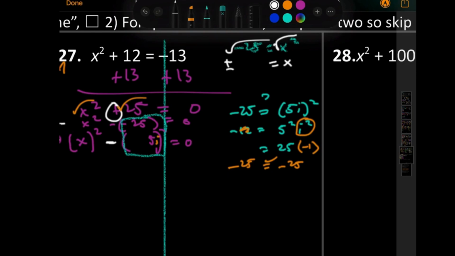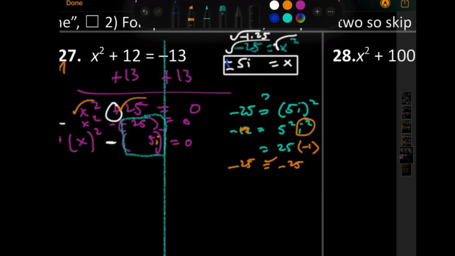You have to write that every time you take the square root to solve an equation. The factors of negative 25 are negative 1 times 25, so the square root of negative 1 is i, and the square root of 25 is 5. So in some ways you have two answers to put in there, but we talked about in the do it with me problem that I want just the positive 5i.